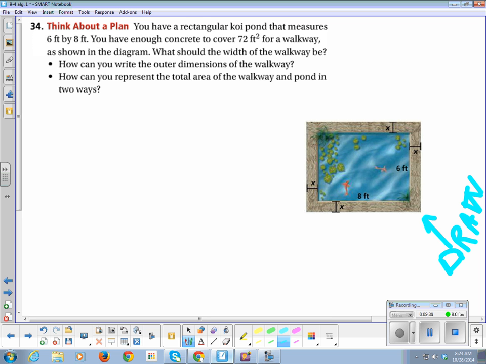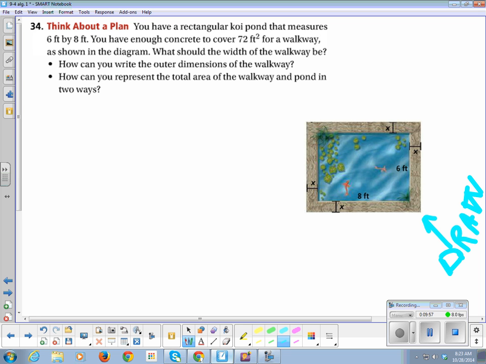So it's 6 feet by 8 feet, and we have enough concrete for 72 square feet of walkway. What should the width of the walkway be?